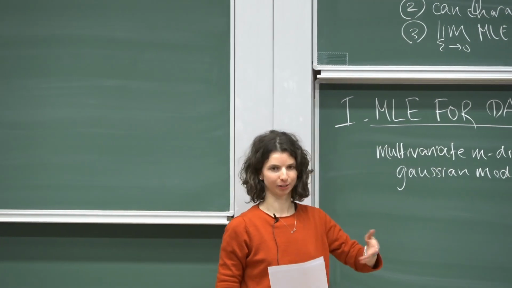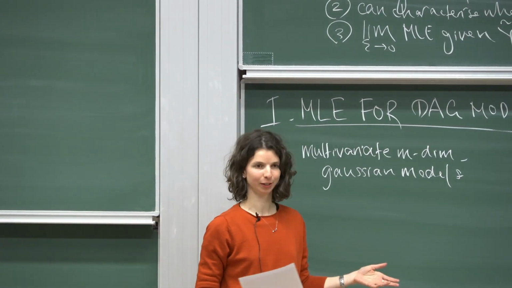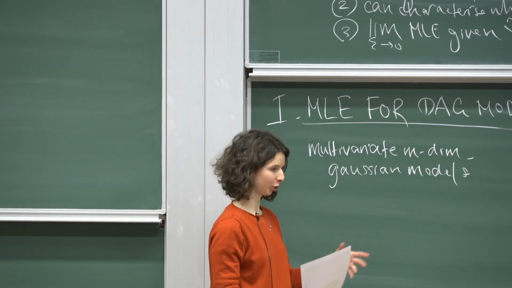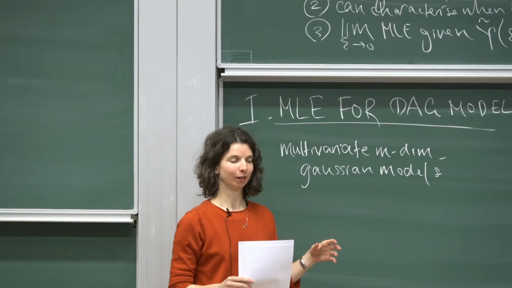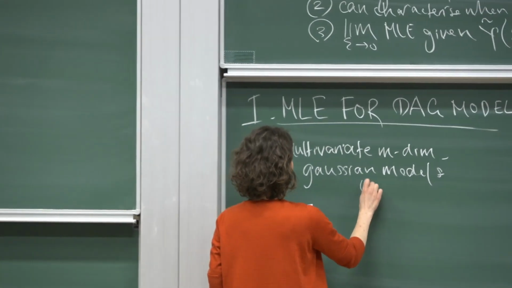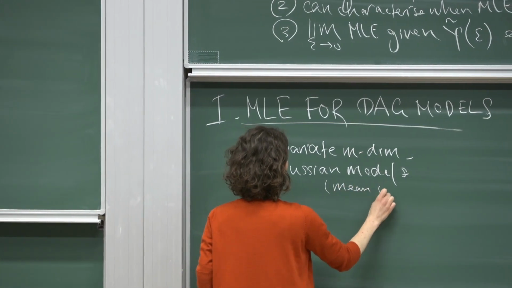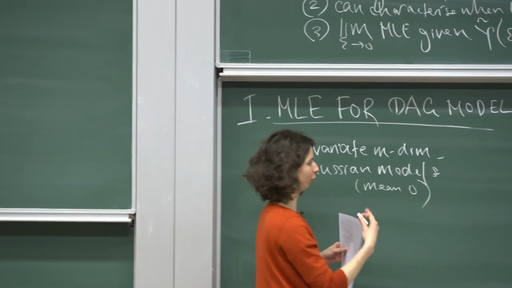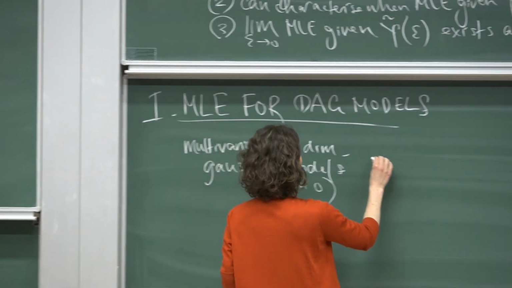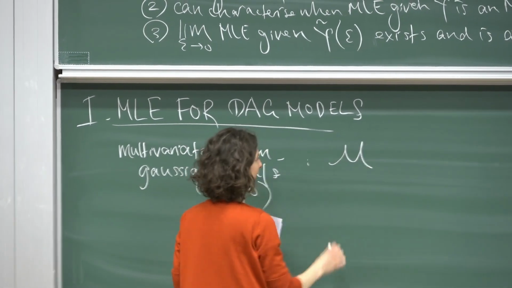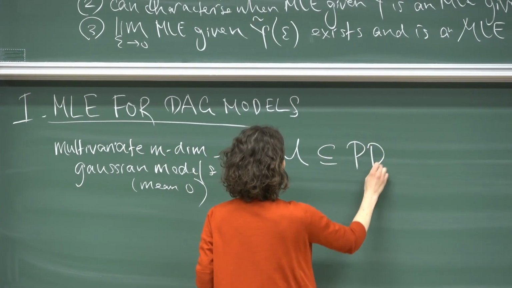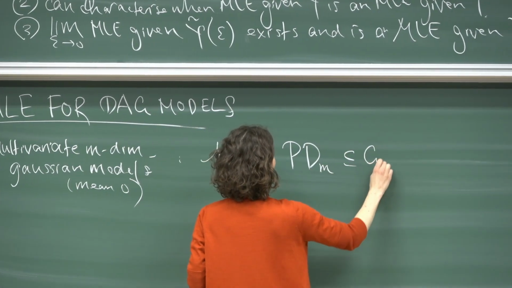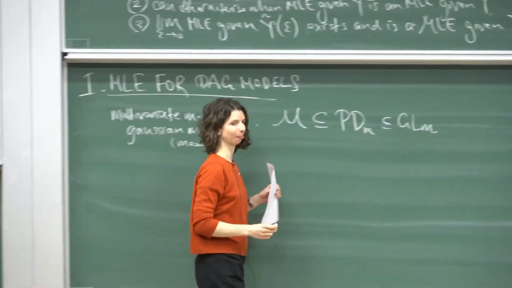This is just a set of probability distributions, and each distribution is determined by its covariance matrix and its mean. For simplicity, we just assume that the mean is 0. So all that matters is the covariance matrix. So you can parameterize such a model by the set of covariance matrices, which is a subset of positive definite m by m matrices, so inside the positive definite cone.